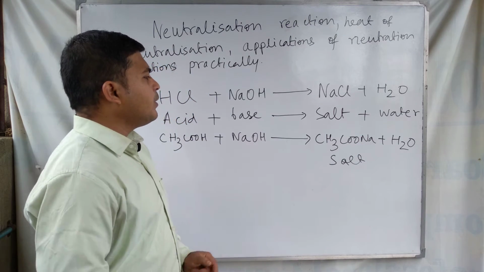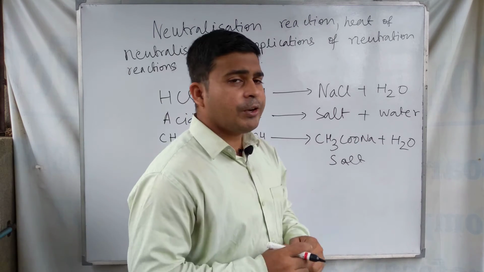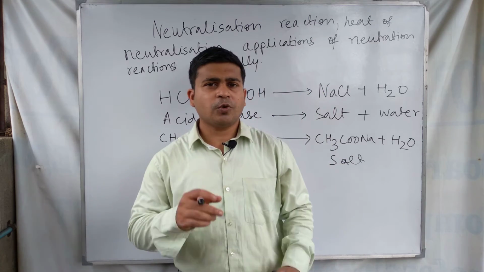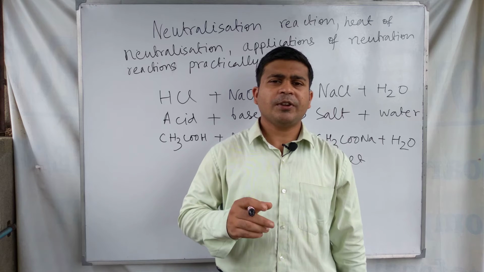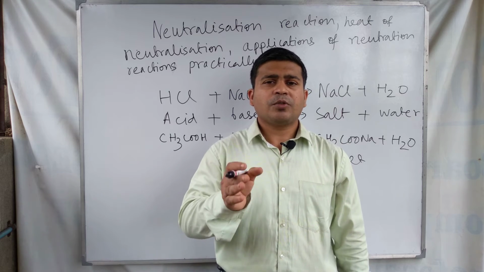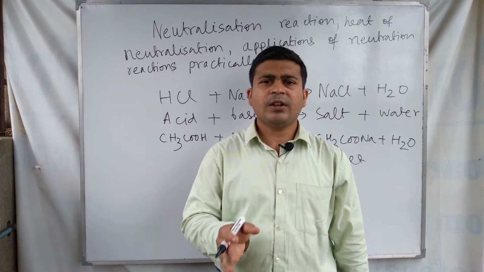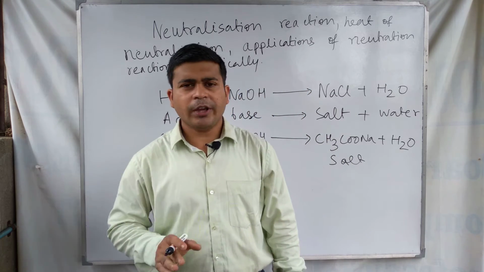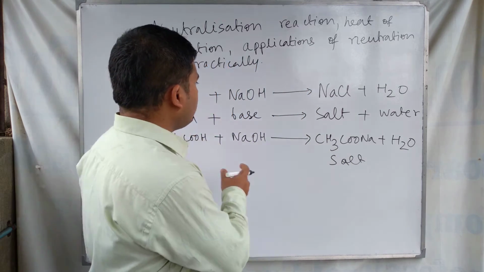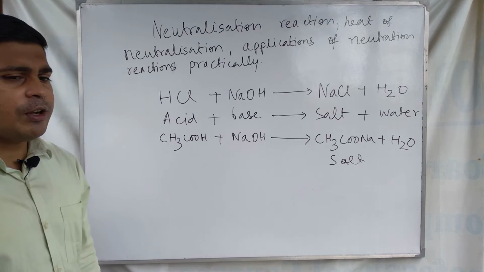So this one is another example of neutralization reaction. So you understand what happens in the neutralization reaction. In case of neutralization reaction, an acid and a base react together to form salt and water only. And this is the general representation of a neutralization reaction.